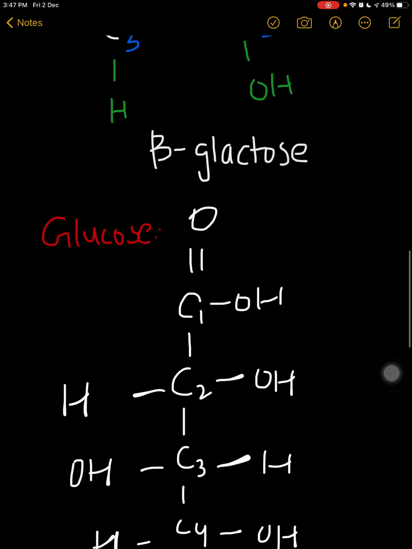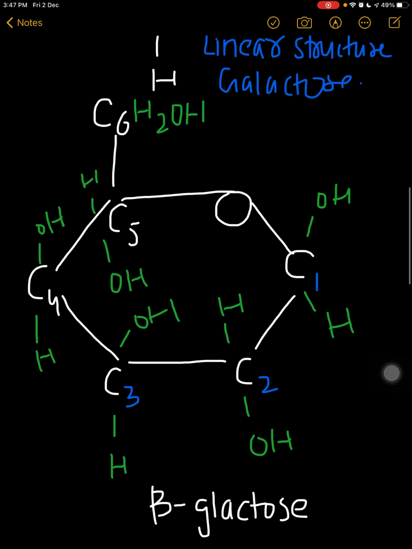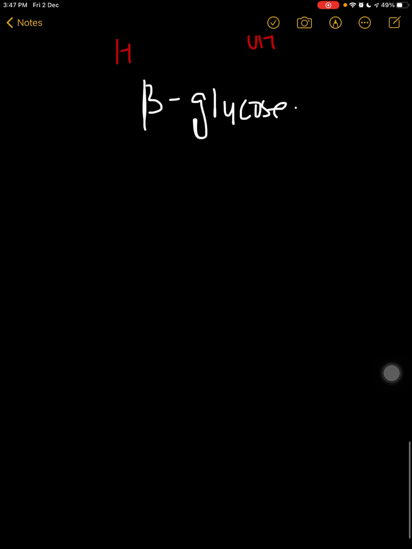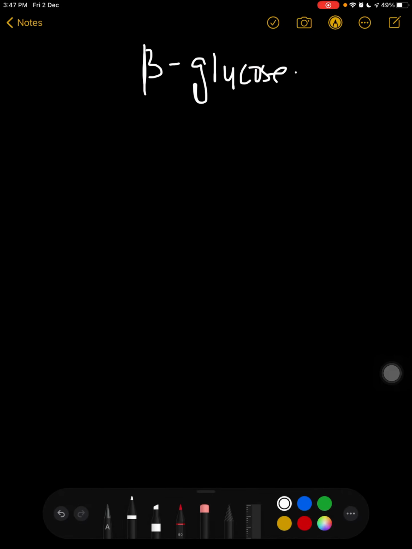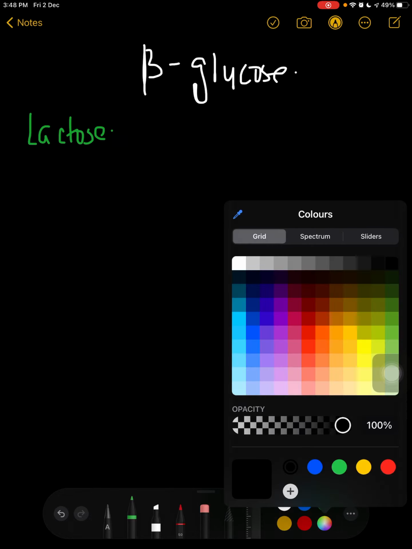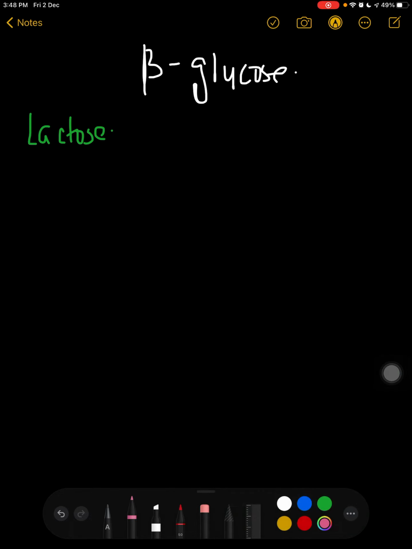Before making the lactose, you should have the basic concept of the ring structure of beta galactose and beta glucose, right? So now let's make them. Over here, let me draw lactose first.